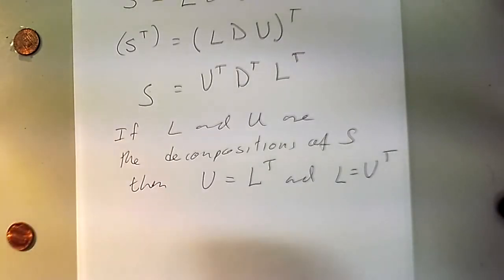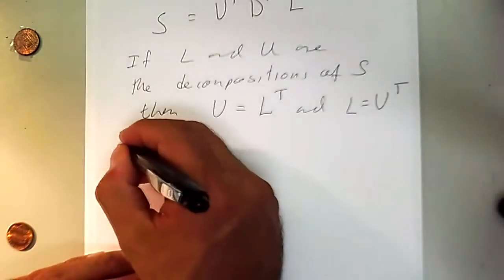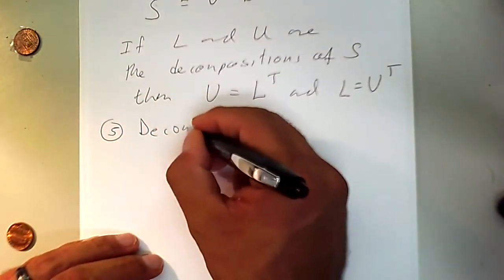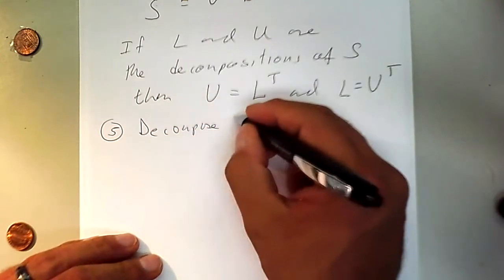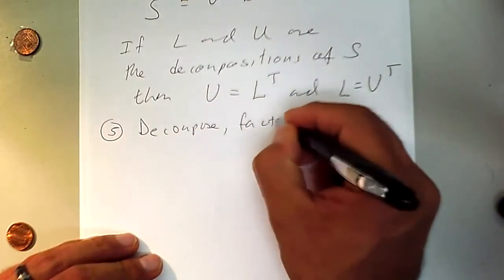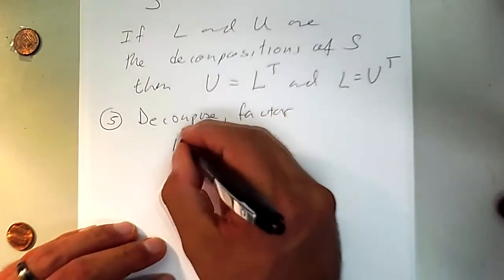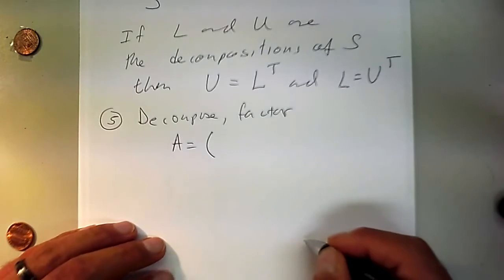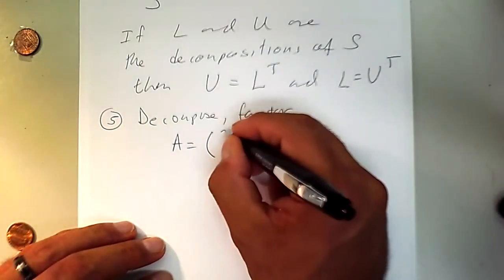So the next example is 5. Okay, let's say we want to decompose A equals, let's start with something small.